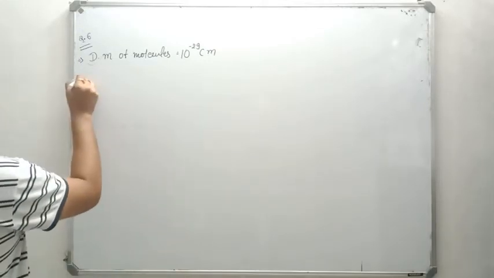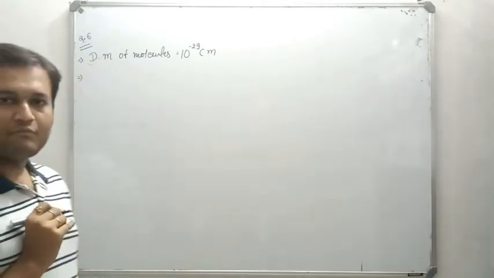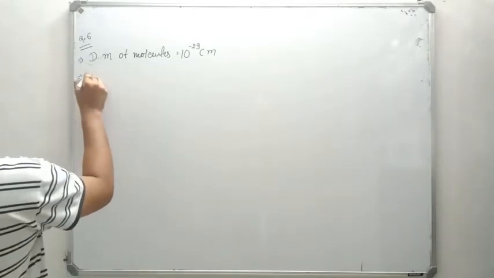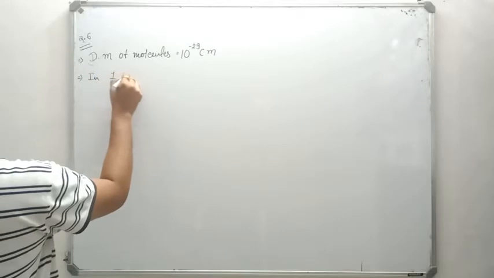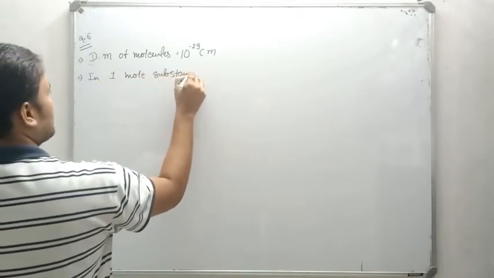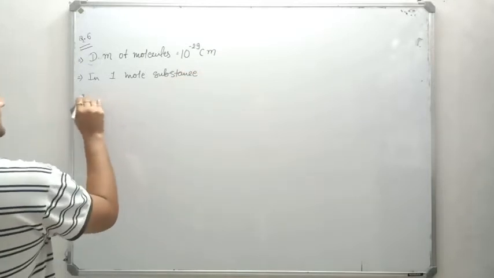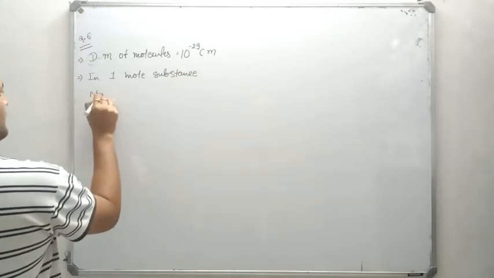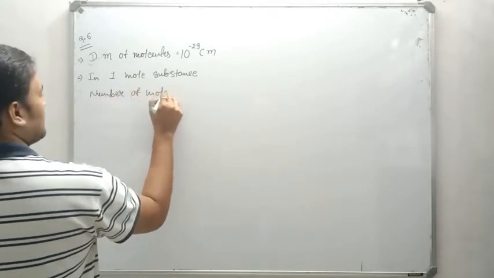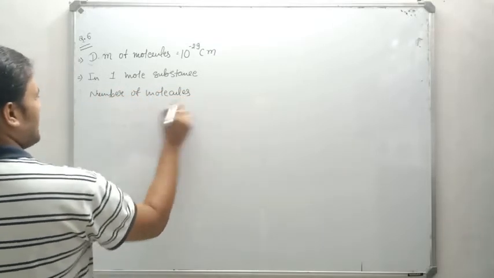So we have to find the total dipole moment, and for that we know that in 1 mole of substance the number of molecules is Na.